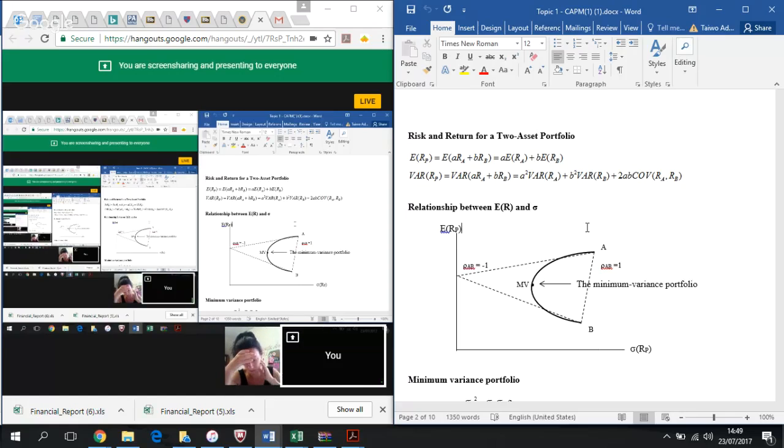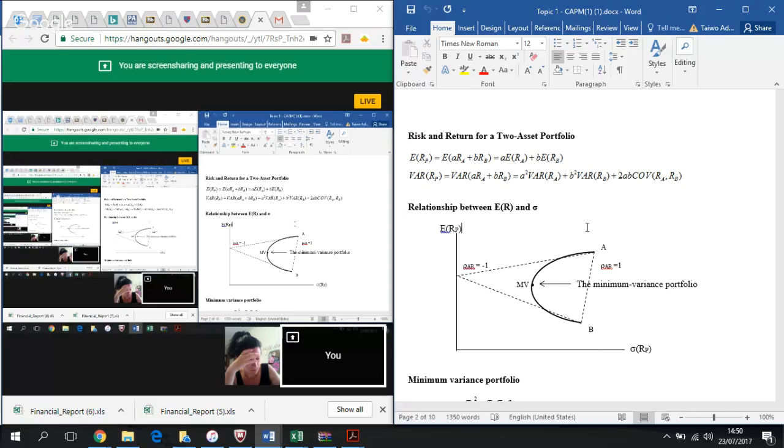Right. Now, that's just talking about the return on your portfolio. We're not trying to diversify away the risk. As an investor, you want your portfolio to carry the lowest risk for the investment you make.